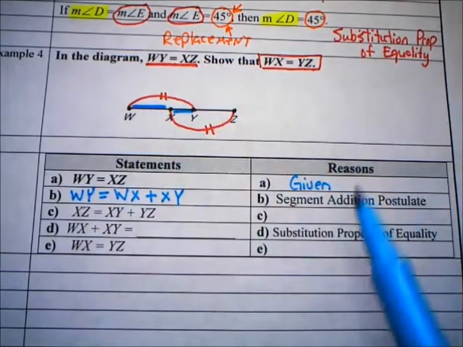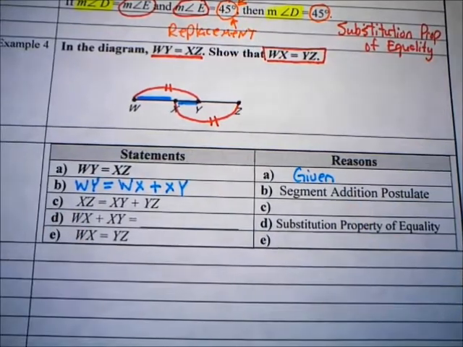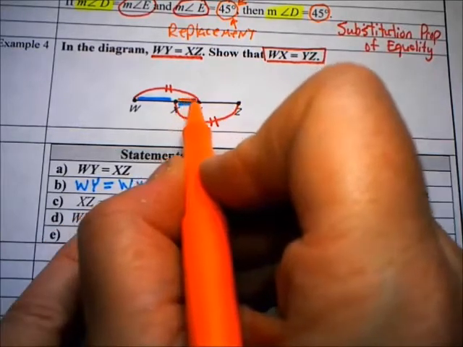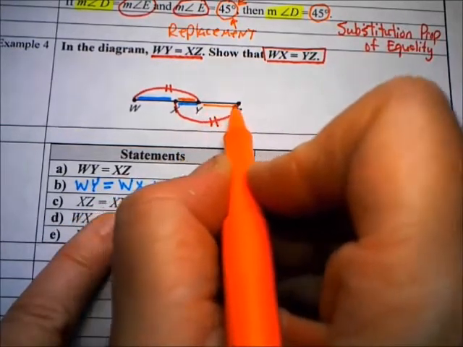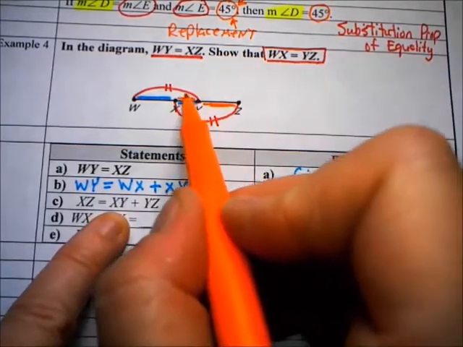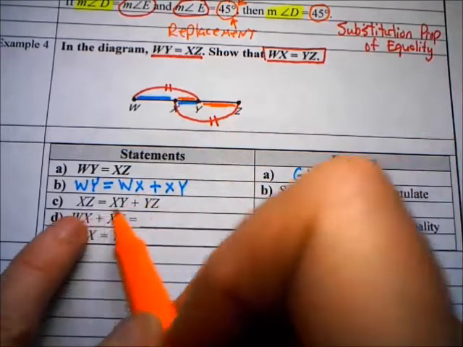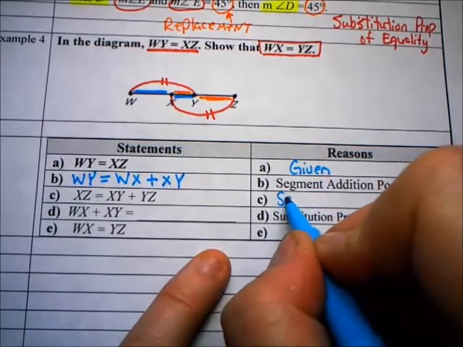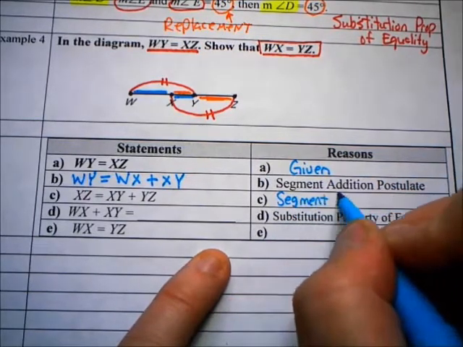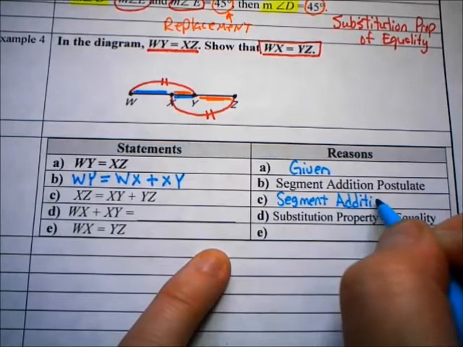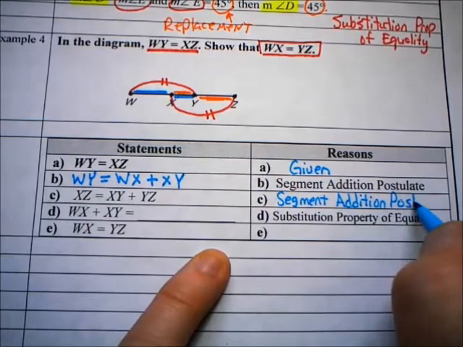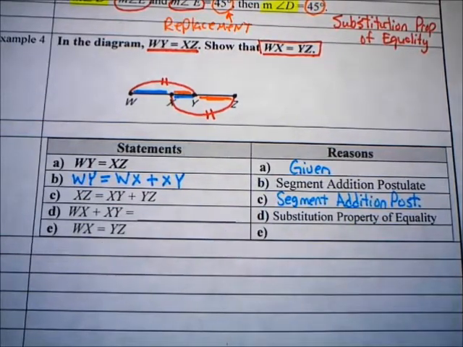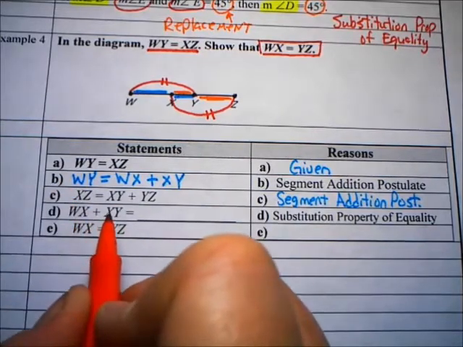Those pieces. On C, they say that XZ is equal to XY plus YZ. Those are two small segments added together to equal the big segment. So over here is once again segment addition postulate.